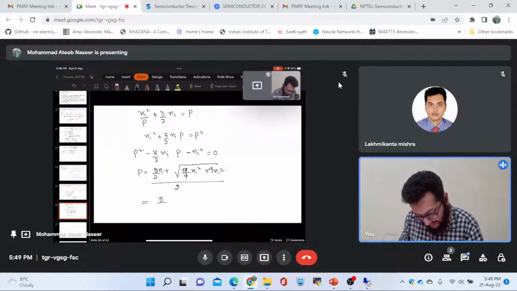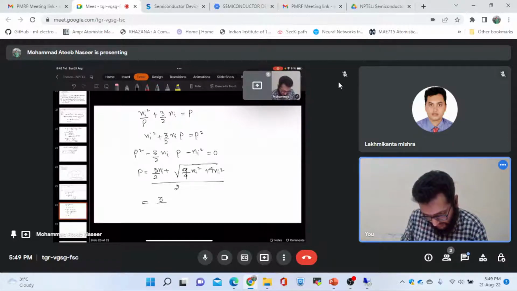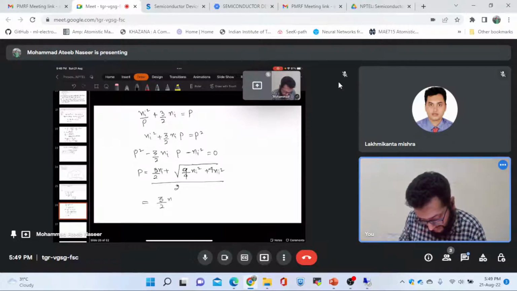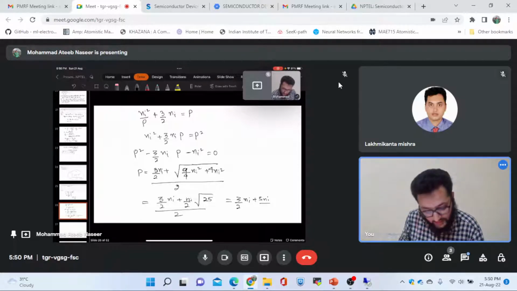Taking 1 by 4 common, it will become 1 by 2 Ni times the square root of 9 plus 16, which will be 25, divided by 2. It will be 3 by 2 Ni plus 5 Ni by 2.